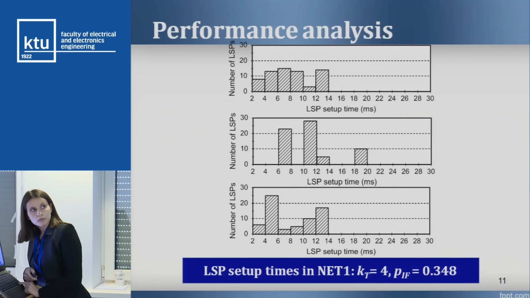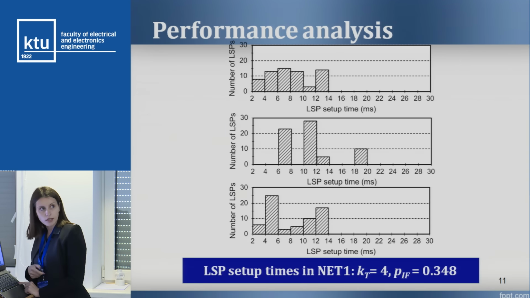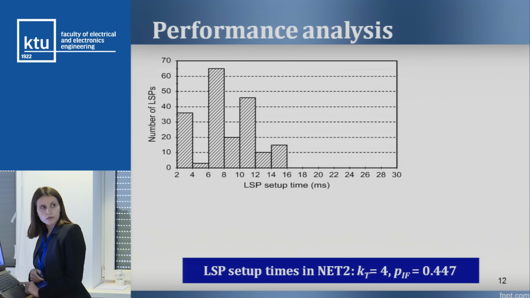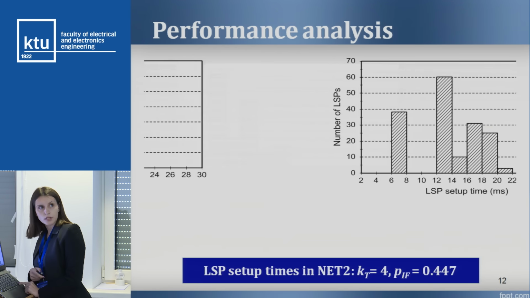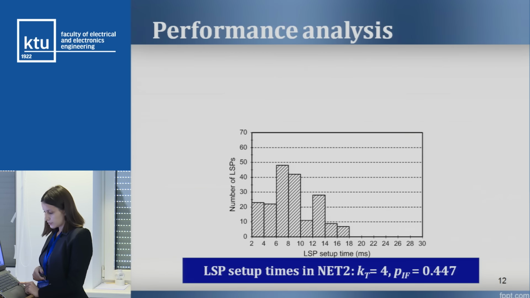Here, these are the histograms of these obtained times and the number of established label switched paths for the first, second, and third method, where we use this threshold 4 and obtain this value of probability. These were histograms for the first network, and these are for the second network, the first method, the second, and the third method.